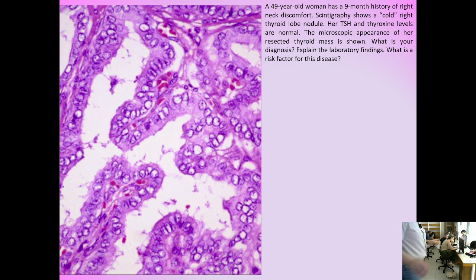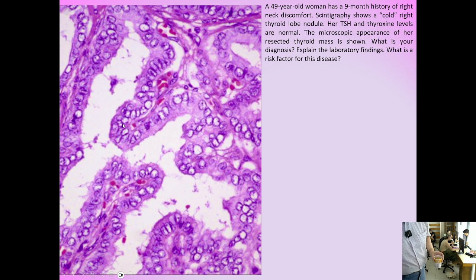Here we are. Overlapping nuclei appearing rather empty, with a condensation of chromatin at the periphery and some irregularity in the nuclear membrane, and we also have some grooves.